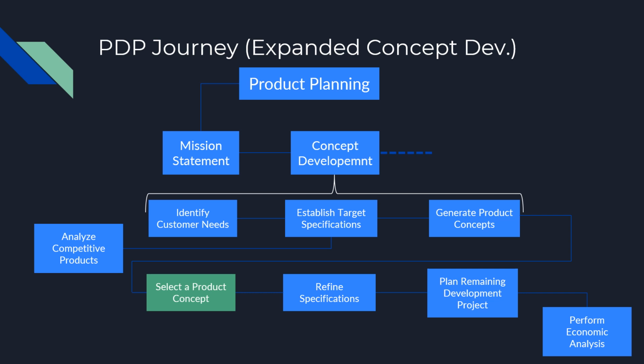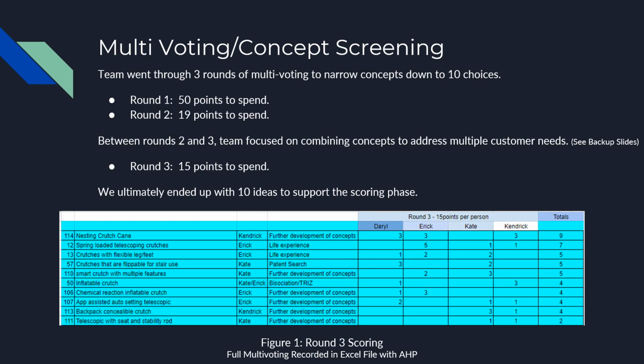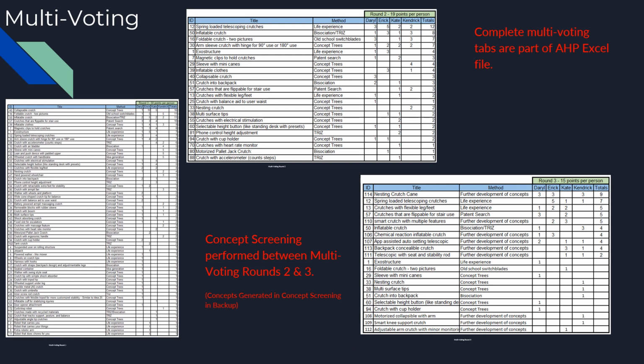Next, we needed to select a product concept. The team used multi-voting and concept screening to narrow down our over 100 choices. We conducted 3 rounds of multi-voting. Between rounds 2 and 3, the team felt that it was necessary to go through our concepts and look at ways to combine them to incorporate more features to satisfy more customer needs.